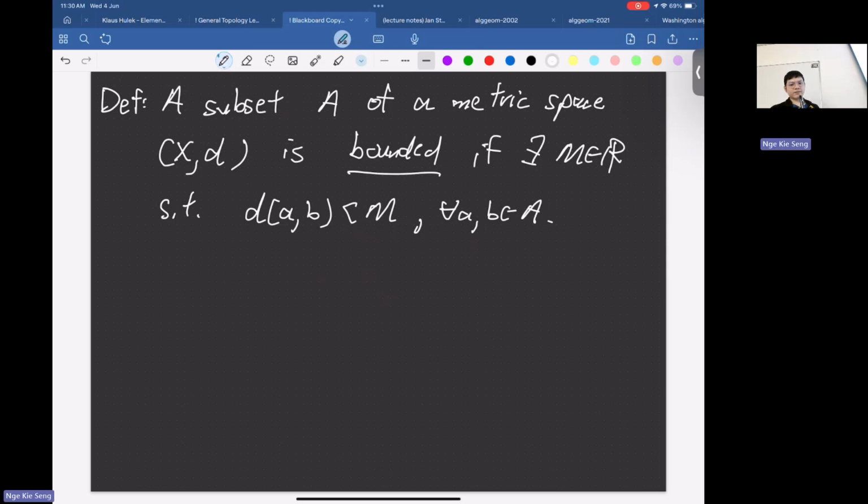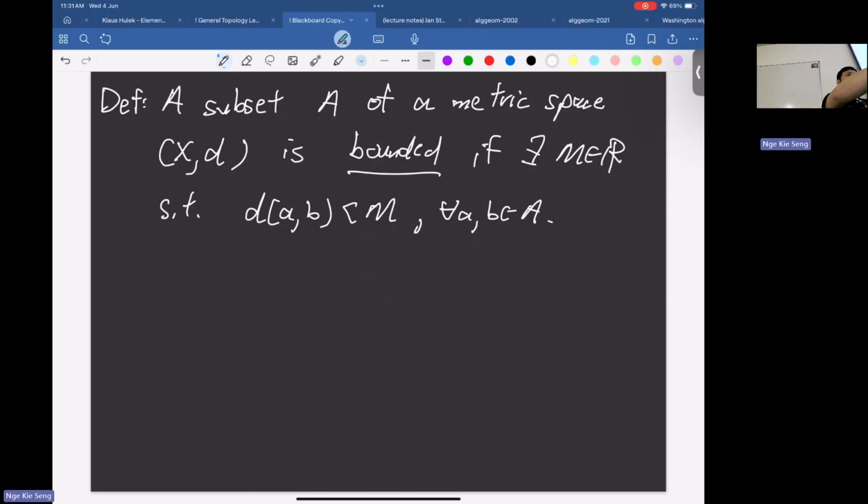So what does this mean? It says that if A is bounded, and you compute all the possible distances between two points inside this A, they should be bounded by some number. Does it make sense? Let's say this space is bounded. It means the distance between any two points cannot be arbitrarily large.